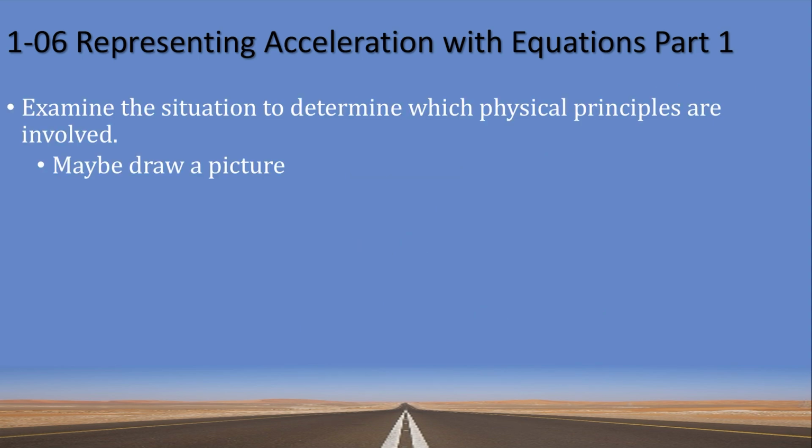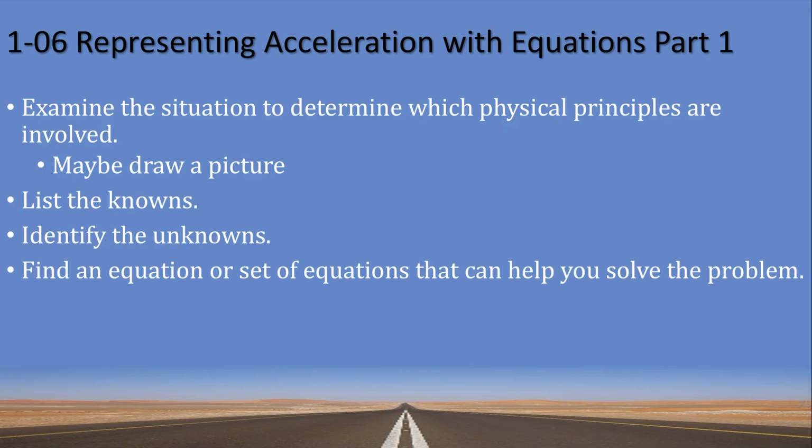So, problem solving. How do we solve a kinematics problem? Start by examining the situation to determine which physical principles are involved. That might include drawing of pictures. Pictures are good. List your knowns. Identify the unknowns, what you're looking for.